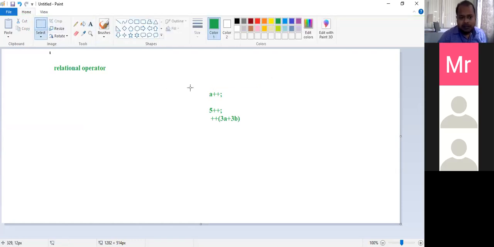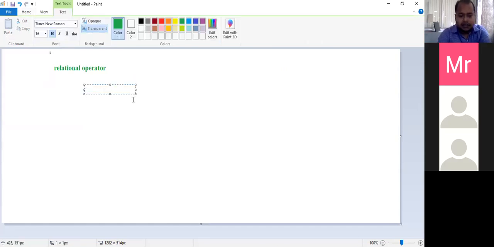In the PPT these things are written. So what are the relational operators basically? Equal to operator, here I am writing double equal to, not single equal to, greater than, greater than equal to, less than equal to, not equal to. So these are the relational operators present in C. Why am I writing double equal to? Because single equal to is basically the assignment operator.